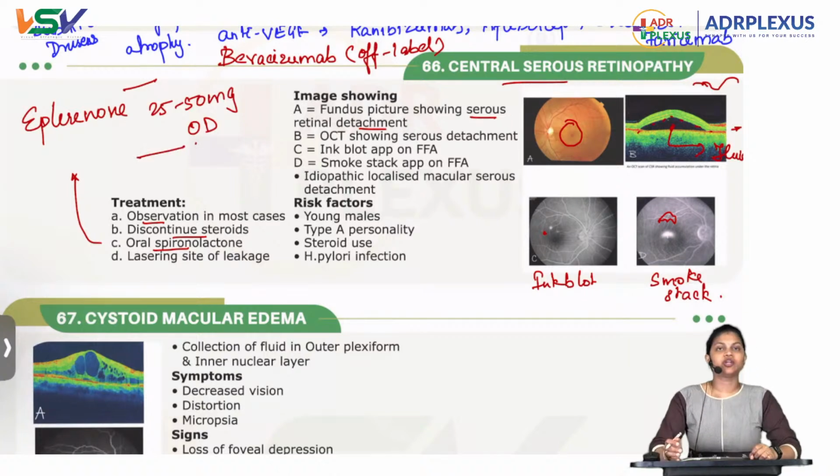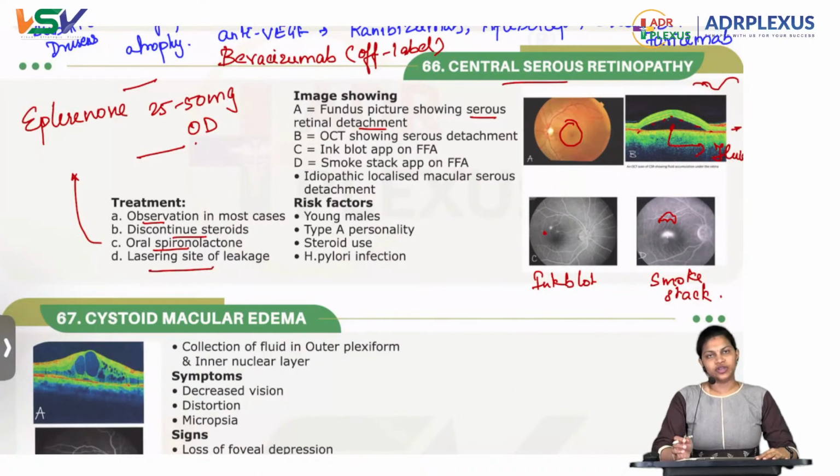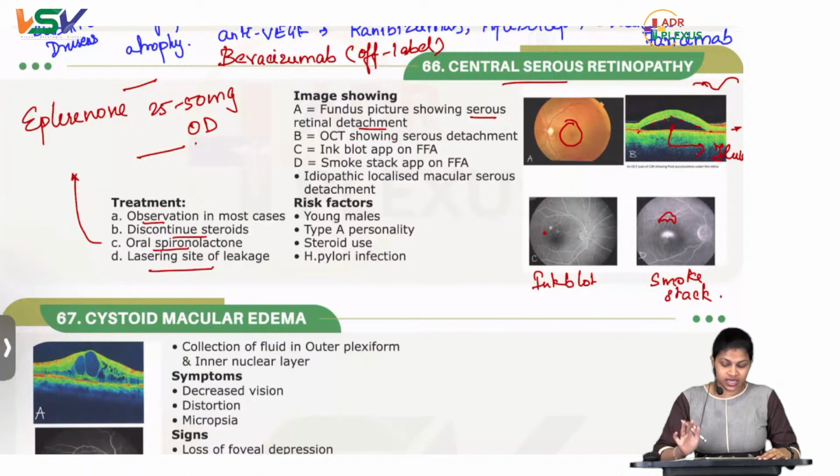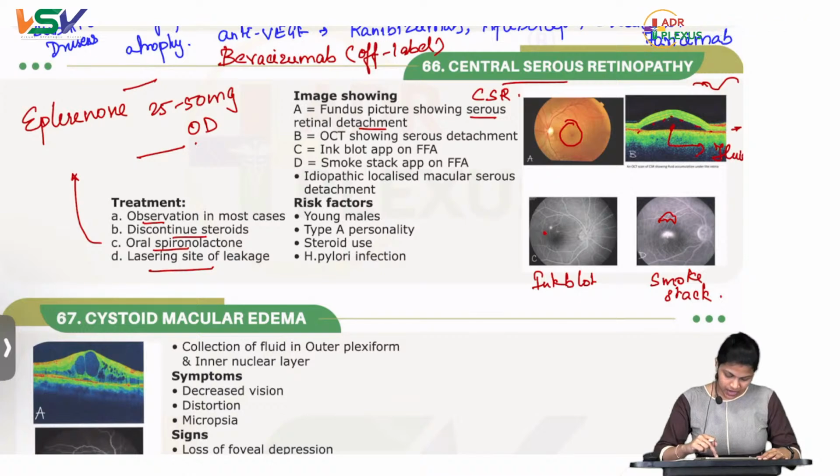Another option is lasering the site of leakage. So serous retinal detachment with ink blot and smokestack appearance is central serous retinopathy, CSR, in young males, type A personality, with steroid use; discontinue steroids, and can give eplerenone or spironolactone.